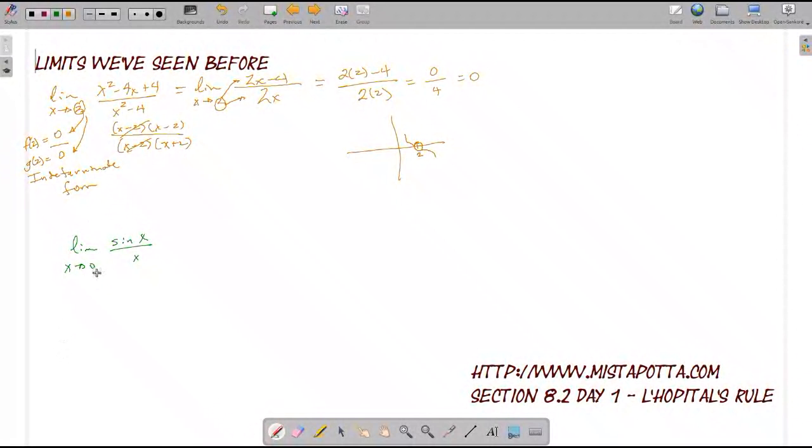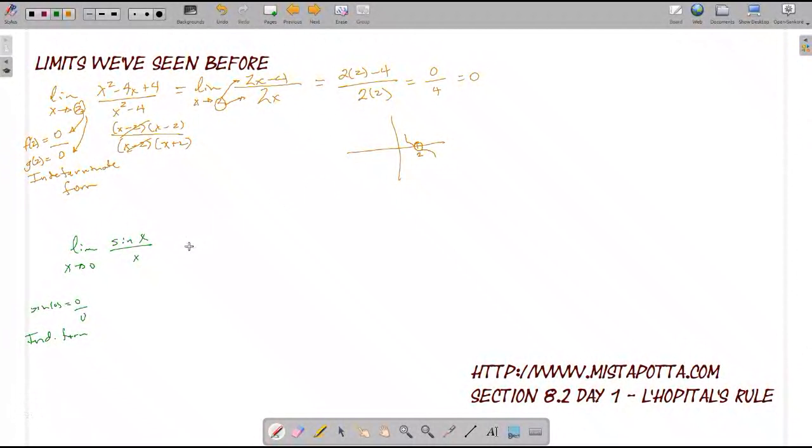Again, if I try and substitute x equals 0, I get sine of 0, which is 0. And if x is 0, then I get 0. So I get the same indeterminate form. But I want to take a look at it from L'Hopital's rule.